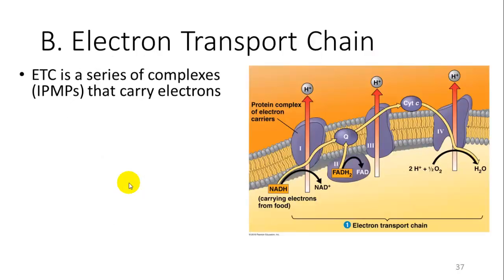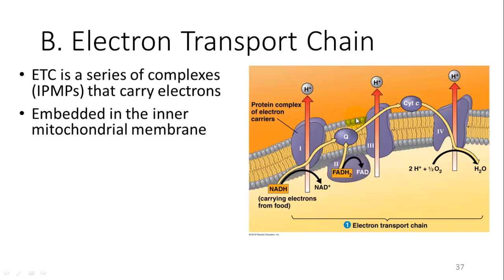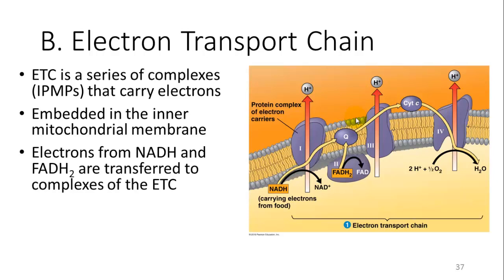So what happens next is you use the electron transport chain, which is a number of integral and peripheral plasma membrane proteins that carry electrons. And these are embedded into the inner mitochondrial membrane. And then you take your NADH and your FADH2 and you oxidize them, and you donate electrons.